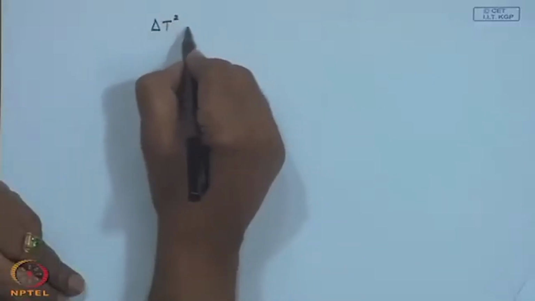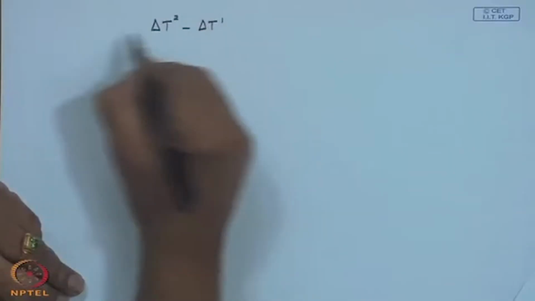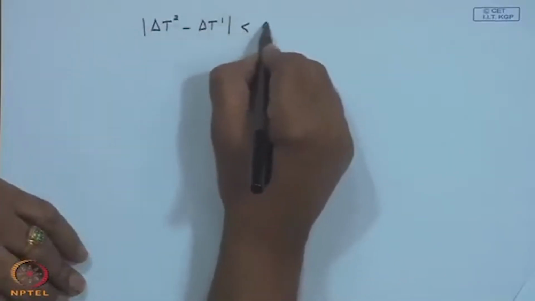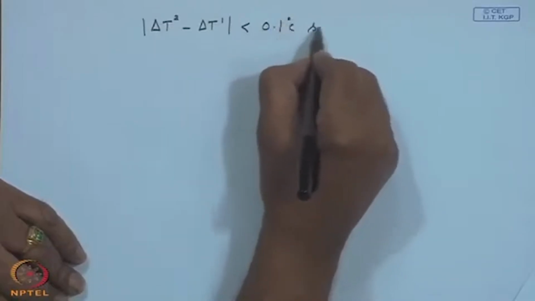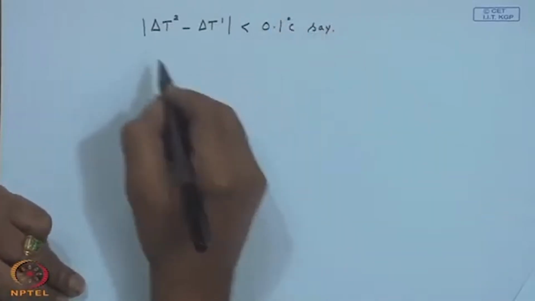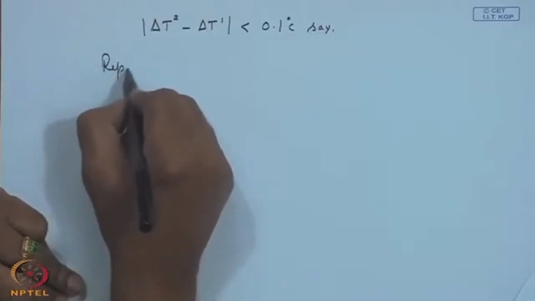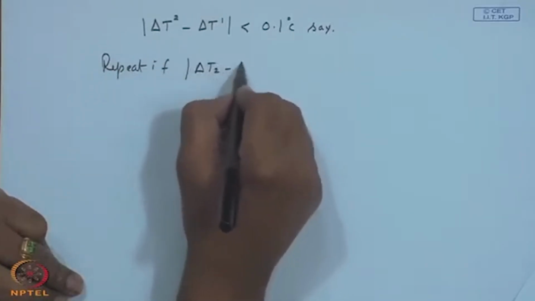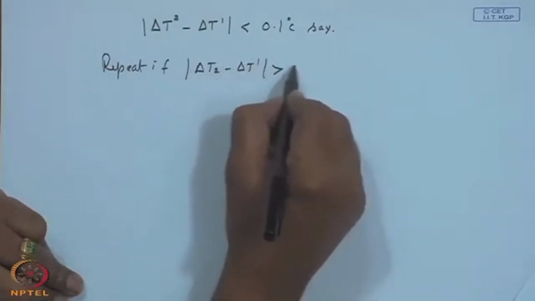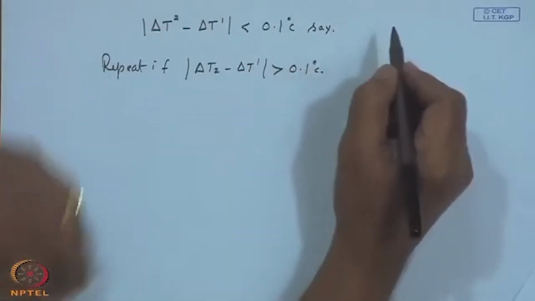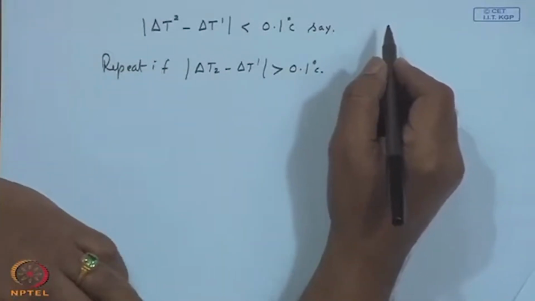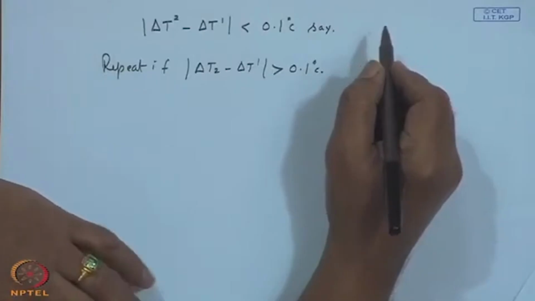So, again we will set up the same condition. First guess, the difference between these two should be, let us say, 0.1 degree C, or else repeat if it is greater than 0.1 degree C. So, you always come out with delta T 2 and then go and re-estimate your x c bar minimum and then the solar load fraction.